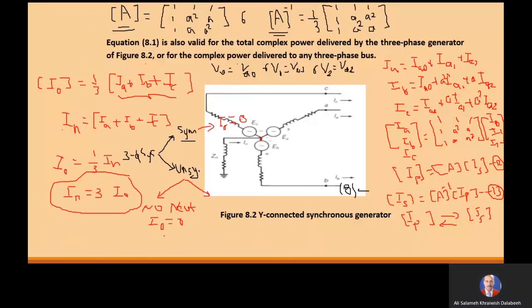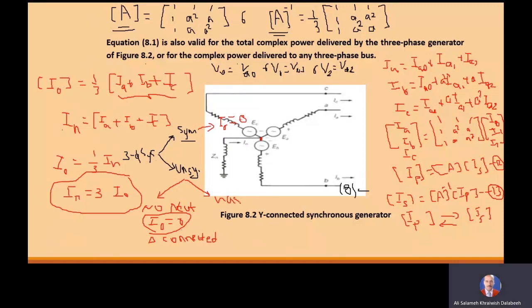Or it may be the system is a delta connected system, then there is no neutral conductor. Also in this case, I naught is equal to zero. And the second case, the system has a neutral.